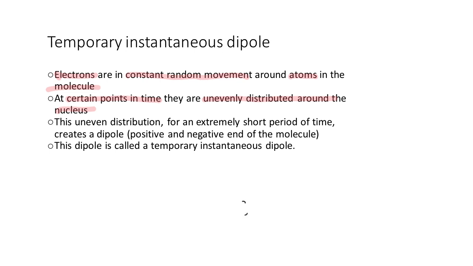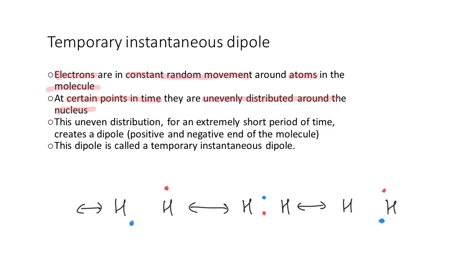Let's look at what that might mean, using H2. H2 has two electrons. We'll draw one here and one here. This is how you might show it in a Lewis diagram, but this is not actually how they exist. They might exist like this, with the two hydrogens there, and one electron over here and one over here. They might also exist like this, or one of them here and one of them here.